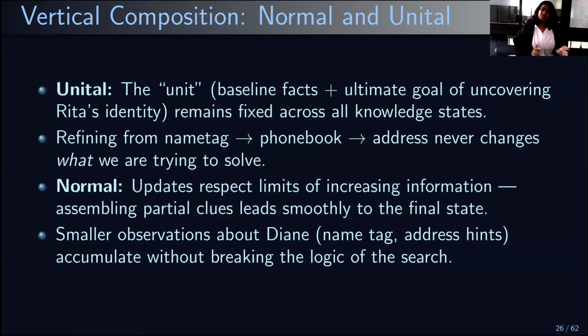The baseline facts, whatever they know about themselves, and also uncovering Rita's identity remain unchanged. Normal basically means that the small observations or clues they get about Diane's identity are sort of building up, and that's not breaking the logic of the search in any way.